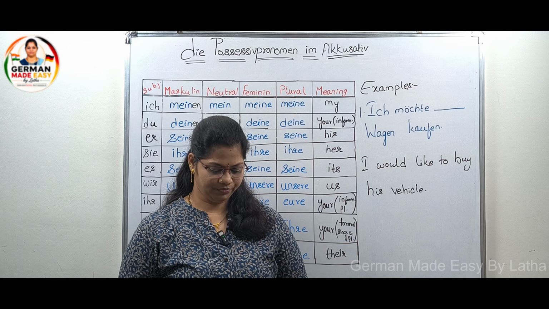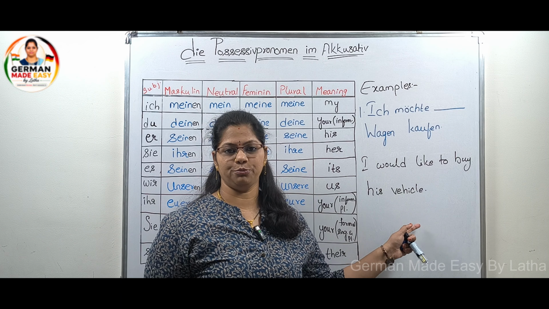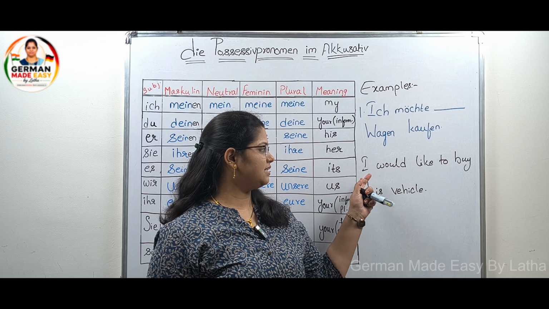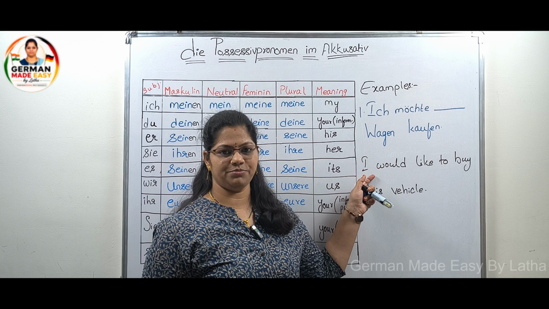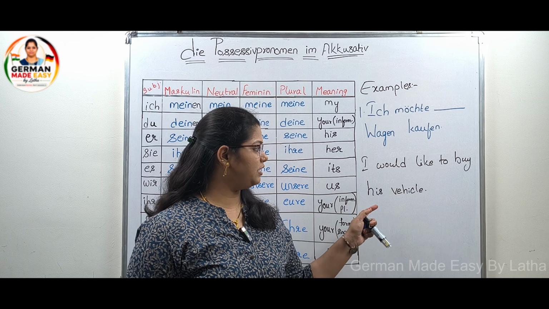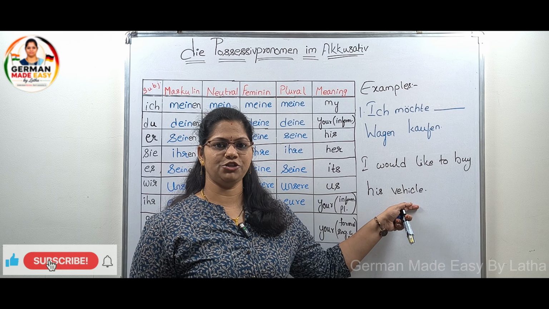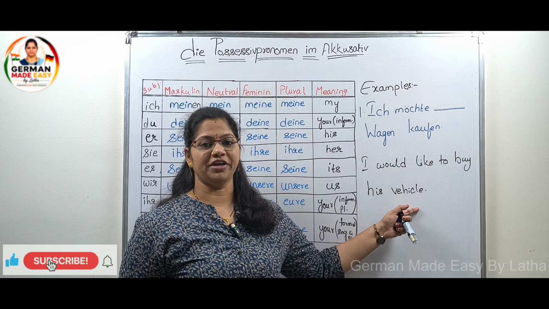Concentrate carefully here. So if you observe, who is the doer of the action? Who would like to buy something? The answer is I. So I is the subject of the statement. Similarly, what am I willing to buy? I am willing to buy the vehicle. Vehicle is the object. But whose vehicle am I willing to buy? That is his vehicle.